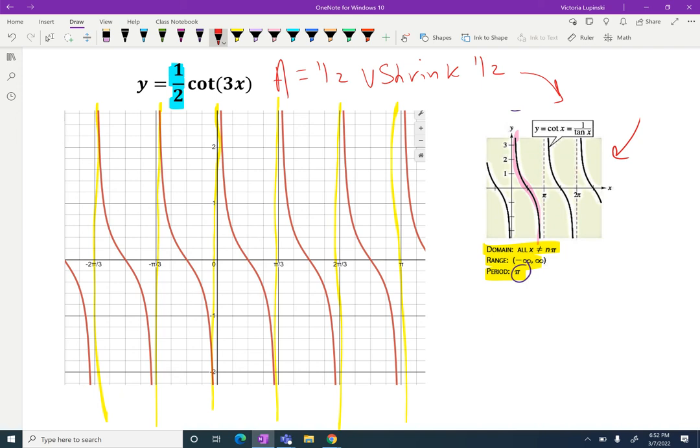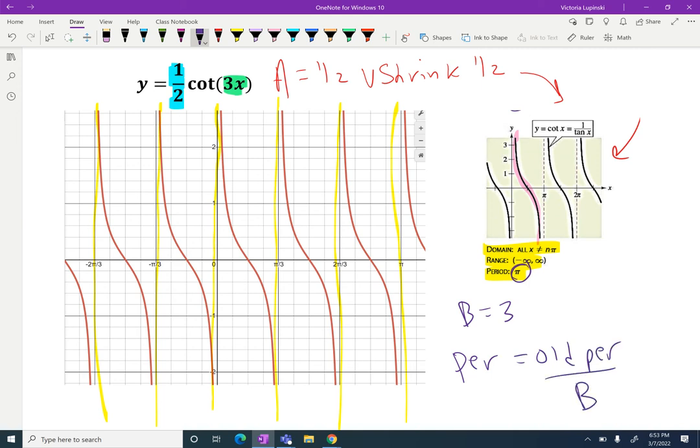So if you're vertically shrinking the y's by 1/2, they're still going to be all real numbers. So you can't really see that there's a change, although there is one. Certainly this 3, you would hopefully identify that 3 represents the b value. In order to find the new period, remember that you do the old period divided by b.